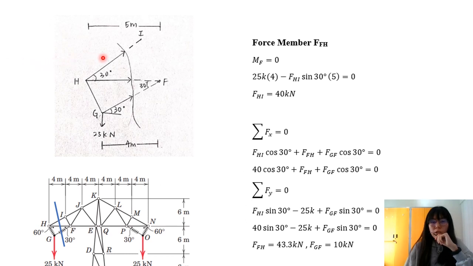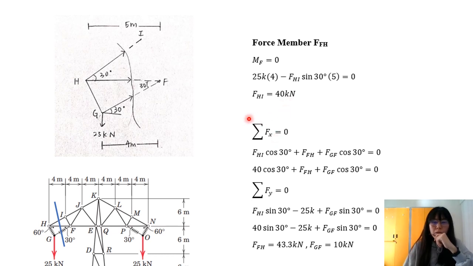Next, we'll find force member FH. By cutting the truss at this position, we draw a free body diagram here. In this situation, we cannot find a point that meets two other forces and helps us eliminate them. So we need to find the value of FHI first by using moment at point F. So we get FHI equals 40 kN.